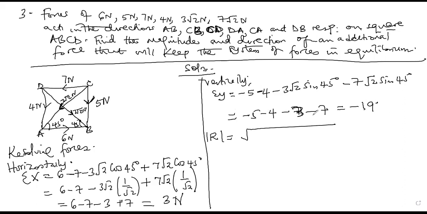Implying that my resultant is going to be equal to, you take the squares and the roots. So we shall have the resultant as the square root of 3 squared plus negative 19 squared.